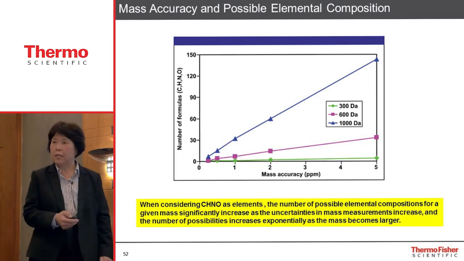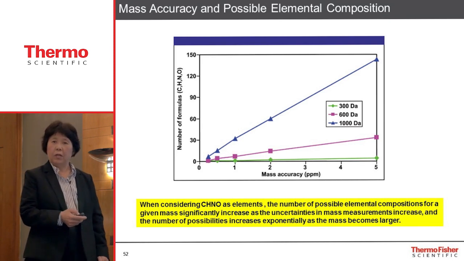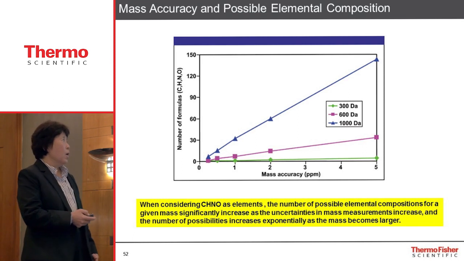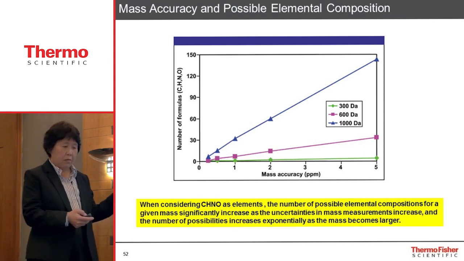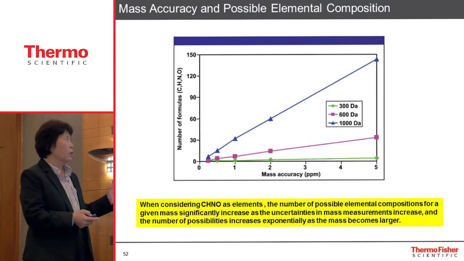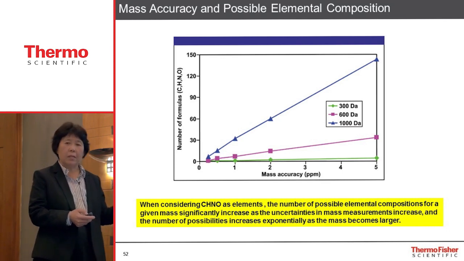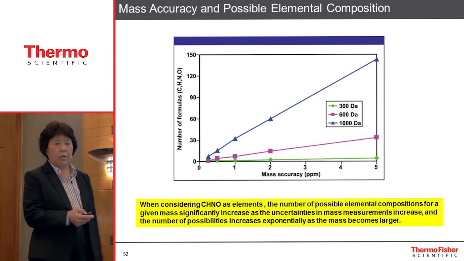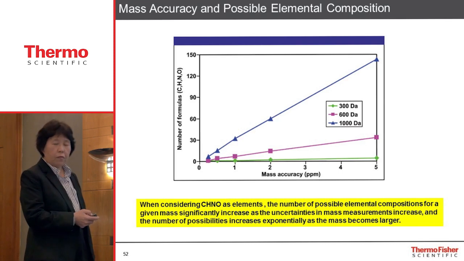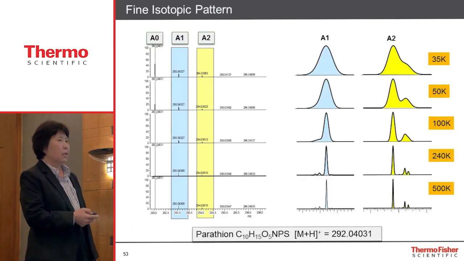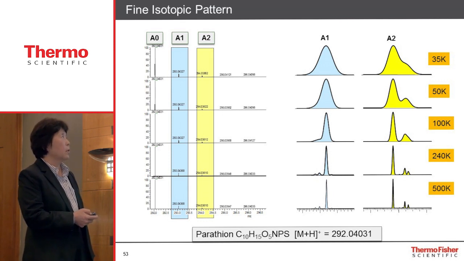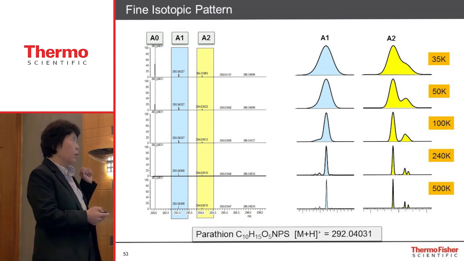Mass accuracy alone is not enough to arrive at a unique elemental composition, right? Because when you have a molecular weight higher than 400, 500, even with a 1 ppm mass error, the possible elemental compositions can increase dramatically. Therefore, we need a second orthogonal filter to figure out the unique elemental combination.